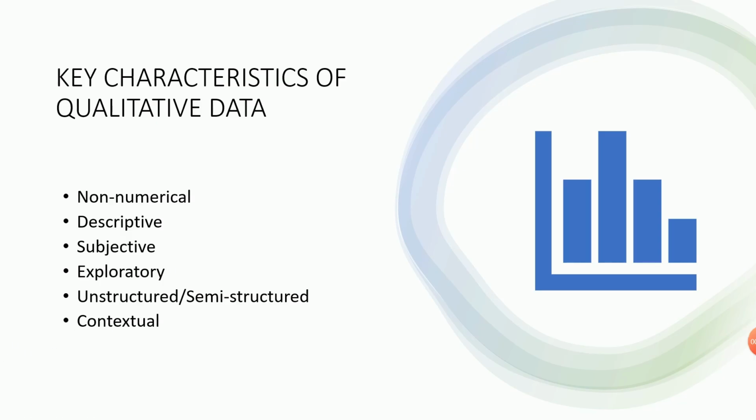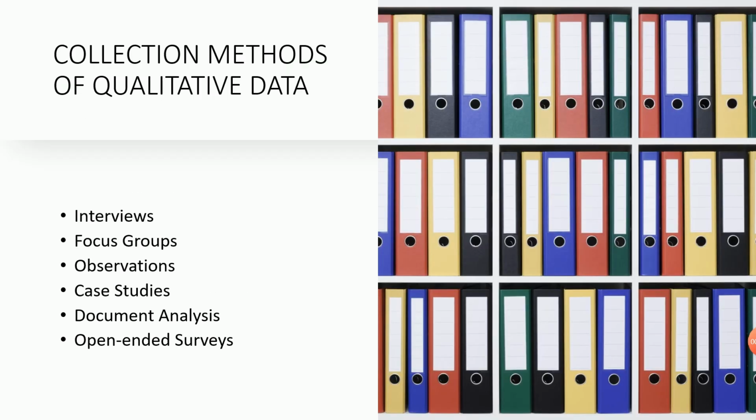There we can confine it to a particular number, so it is structured. Here we cannot confine like that, so it is unstructured or semi-structured. Next is contextual. So the data would be context based, where I am collecting for a certain purpose. So that is contextual.